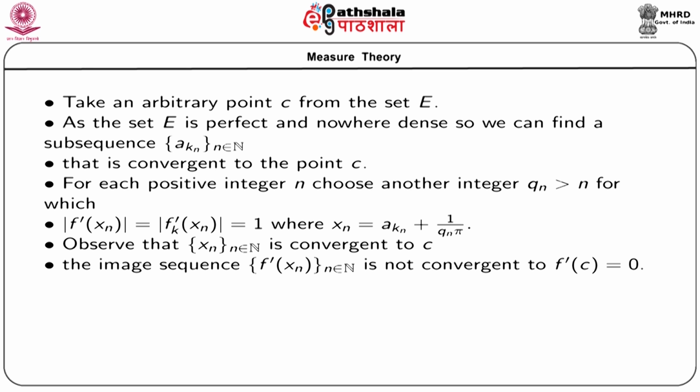Consequently, the image sequence f'(x_n) is not convergent to f'(c) equal to 0, and this shows that f' is not continuous at the point c.